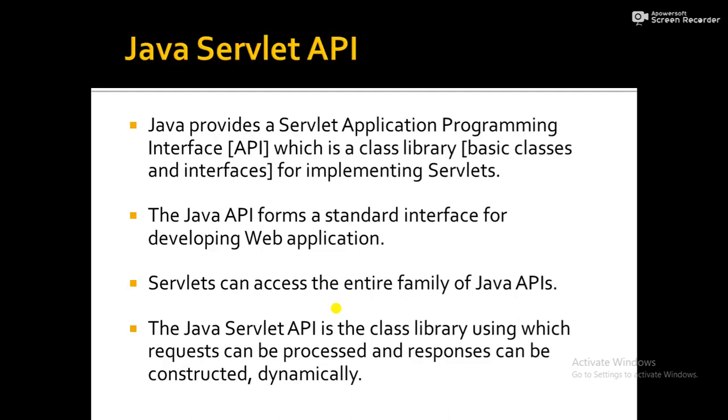Okay, next point is Java Servlet API. API is nothing but application programming interface. So Java provides a servlet application programming interface, which is the basic class library. That means classes and interfaces are included in that API for implementing a service. Now Java API forms a standard interface for developing web applications.